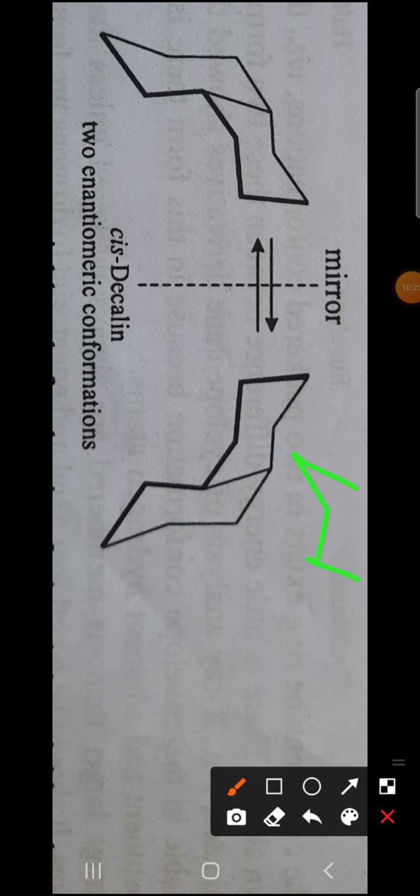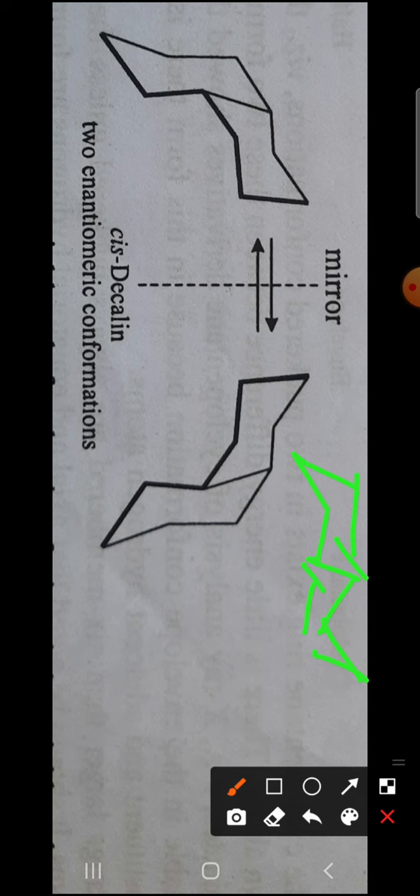This is the trans decalin. Since trans decalin involves two equatorial bonds for ring fusion, it is a rigid molecule and cannot undergo conformational flipping. It cannot be converted into an axial conformation, which also does not exist in decalin type fused ring compounds.